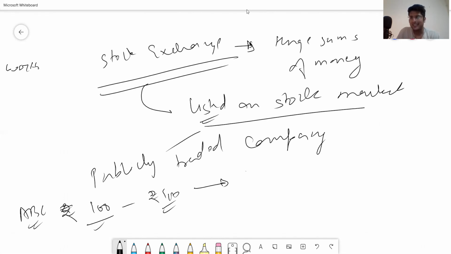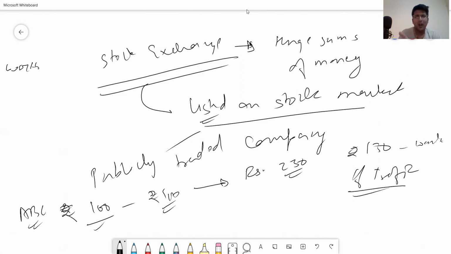So let's say in the next 3 years, the share goes to 230 rupees. So how much have you earned? You have earned 130 rupees worth of profit for one share. Now, how did this happen? This happened because you were able to understand what kind of project they're doing, what kind of expansion they're thinking to achieve, and whether they're viable to achieve that.